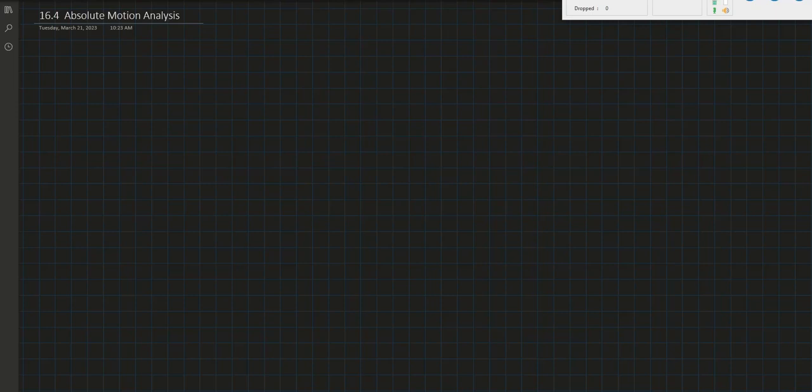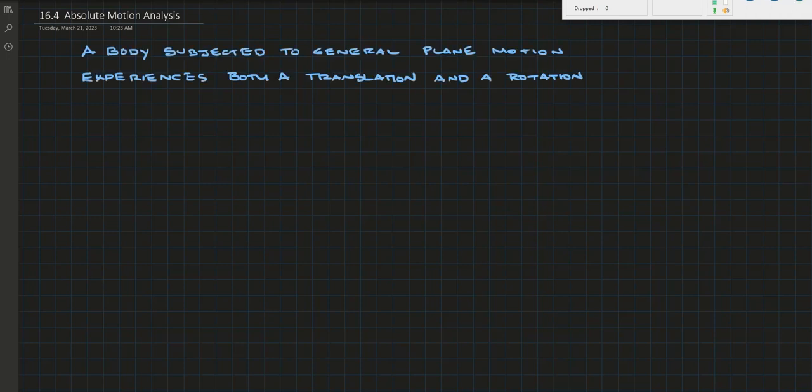Okay, in chapter section 16.4, we talk about absolute motion. With absolute motion, a body subjected to general plane motion experiences both a translation and a rotation.